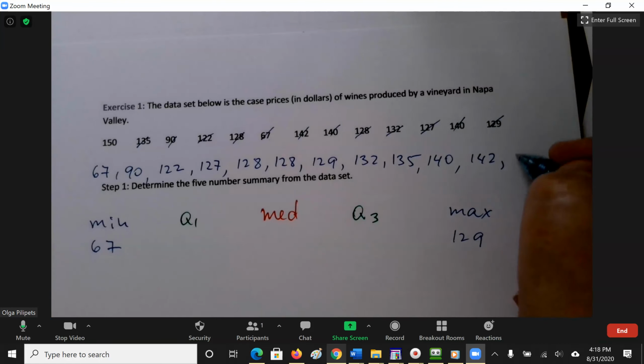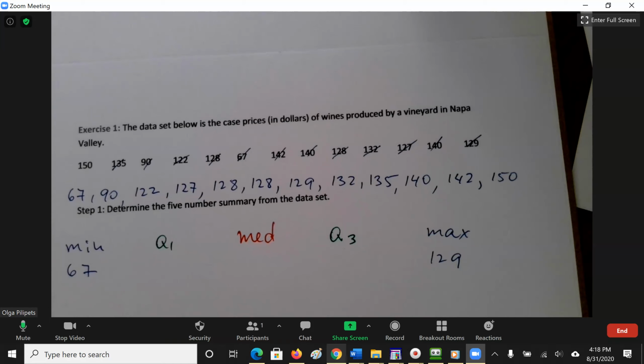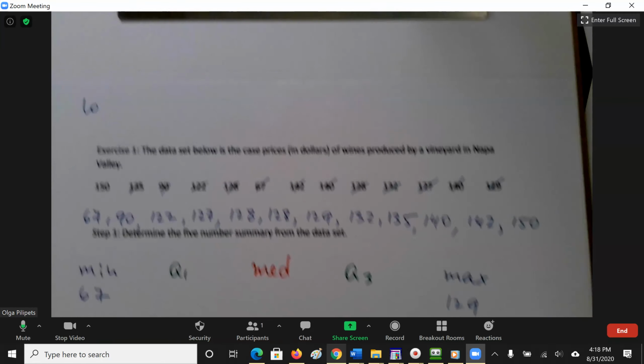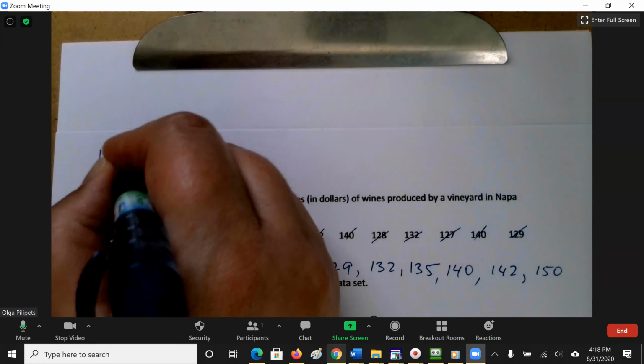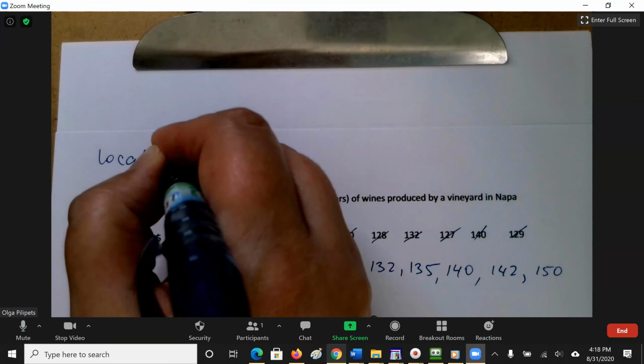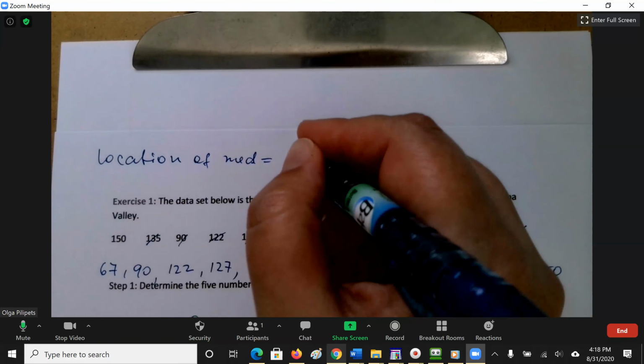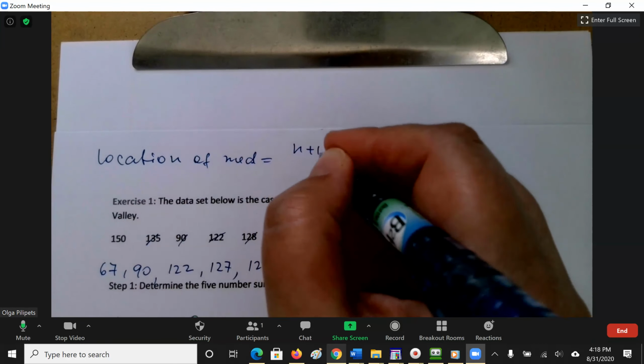In order to find the median, and remember we were talking about the formula that will help us to locate the median. So location of the median. And the formula was n plus 1 over 2. So we need to know n.